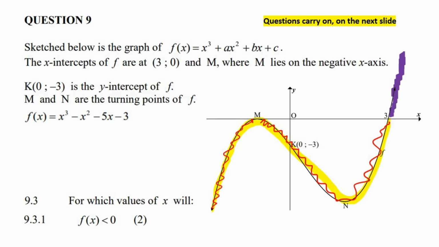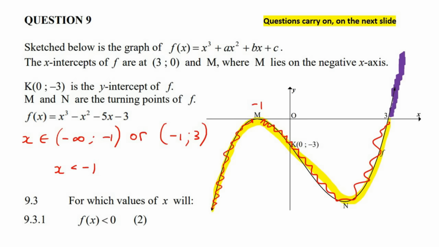less than 0. So we could say that it's everywhere where x is, well, let's first say, if you wanted to use interval notation, you could say x is an element going from negative infinity up to this x value, which is negative 1, or from negative 1 up to 3, and we don't include any of those points. Okay, does that make sense? If you want to use inequality notation, you could say that x is any number smaller than negative 1.